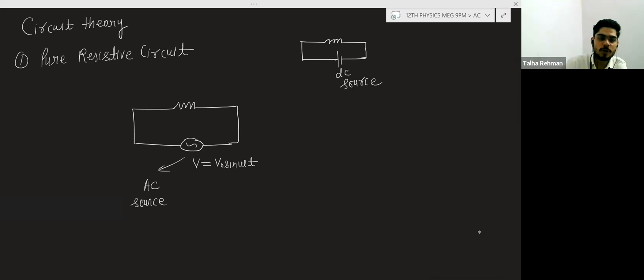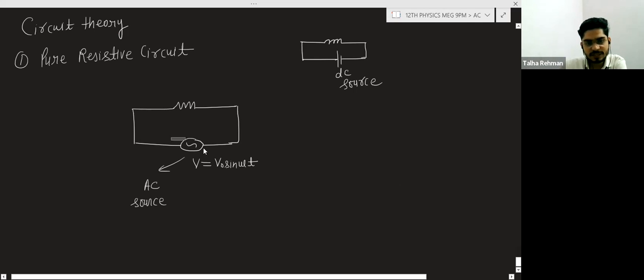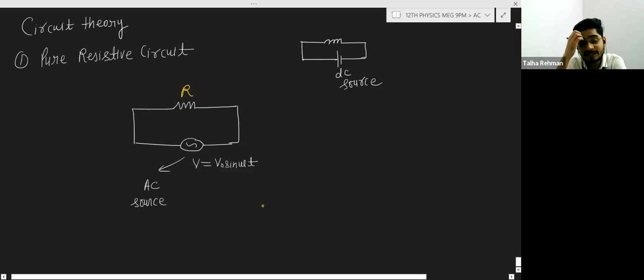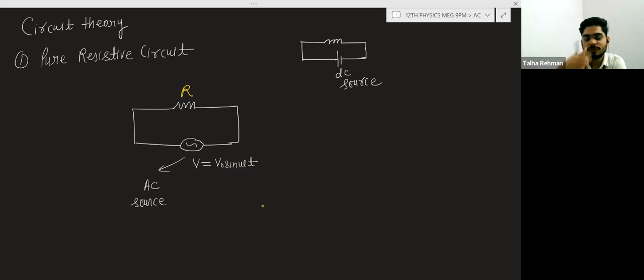As we know, there will be current in this circuit because this is the AC source. Due to the AC source and this resistance R, there will be current, but the direction of current is changing again and again. So I am supposing that at some point of time the direction of the current here is in this direction.